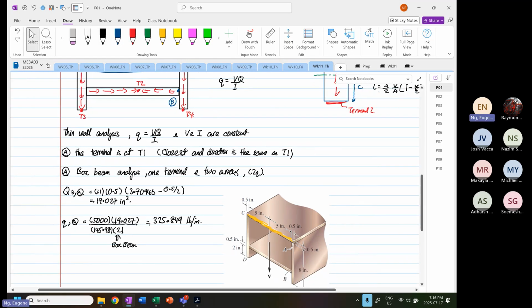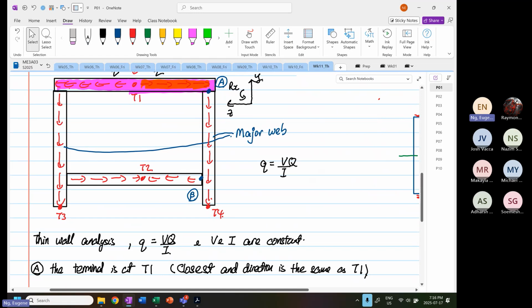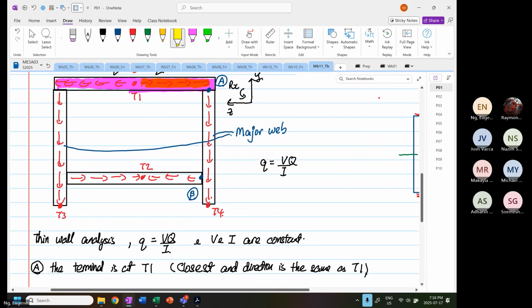Now we are going to look at point B. At point B, which terminal do we actually use? Do we use terminal 4 or terminal 2?